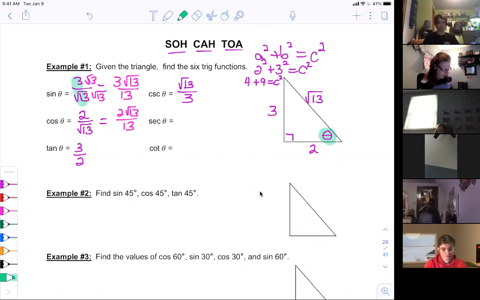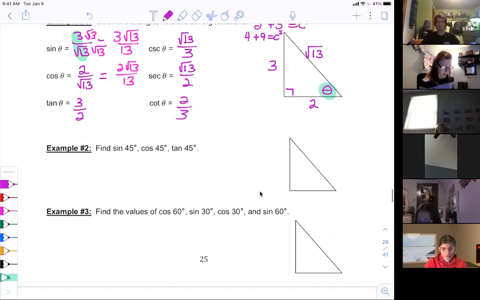So hypotenuse over opposite, or the reciprocal of the sine. So same thing with cosine and secant, and then the same thing with the tangent and the cotangent. Pretty straightforward. So we've already done most of this. We're just adding those other 3 functions in.